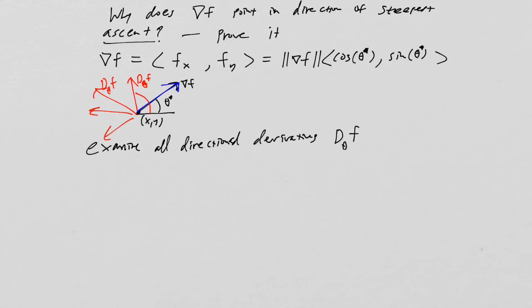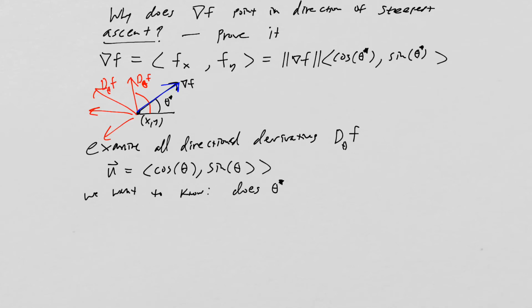We'll call it D theta f. And of course we can put u, that's going to be equal to cosine theta, sine theta. So what we want to know is, does theta star make the directional derivative maximum?